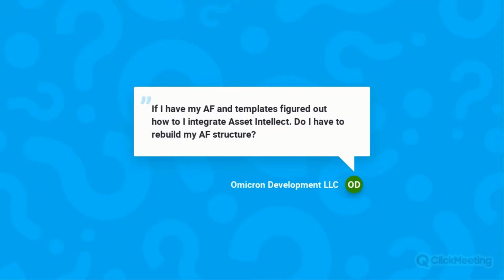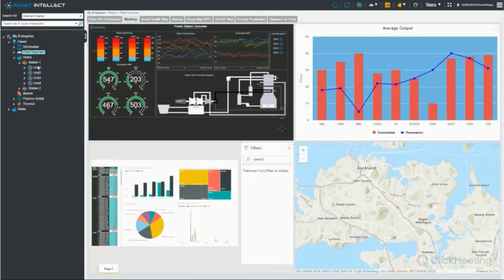Next question is, let's say I have my AF server and I have my templates, and I got started already with AF, and then I decide to switch over to Asset Intellect. Do I have to rebuild my whole AF structure, or how do I transition? Yeah, so if you've started building out your AF, that's really good. It's good to hear.